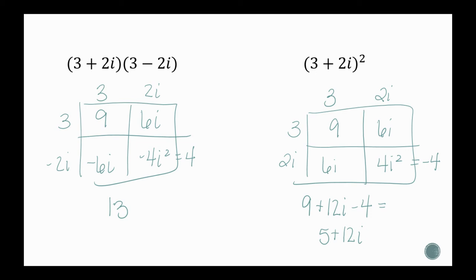So when we combine our like terms, that 9 minus 4 this time is a 5 plus 12i.